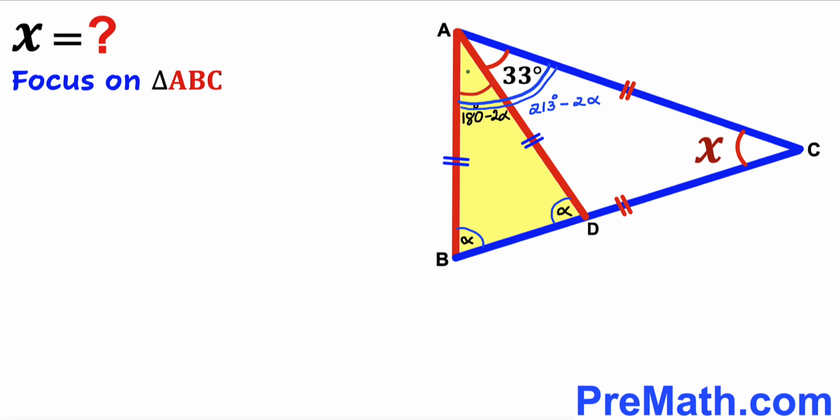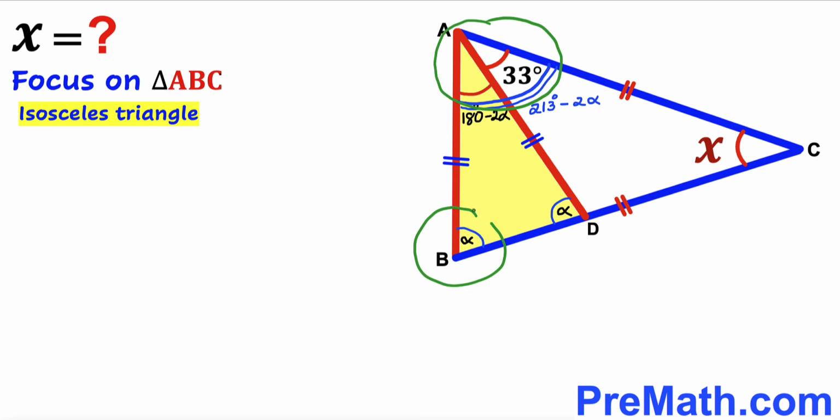And now we are going to focus on this big isosceles triangle ABC. And we know this triangle ABC is an isosceles triangle since this side length equal to this side length. So therefore we conclude that this angle is going to be congruent to this angle.